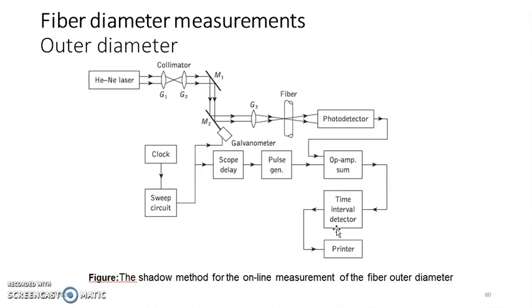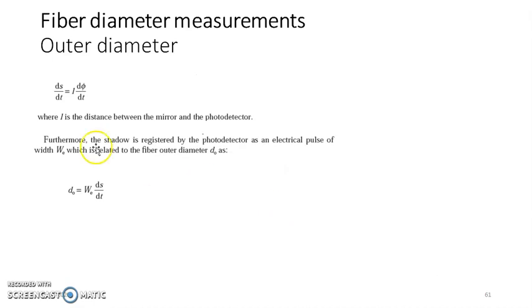The velocity of the fiber shadow thus created at the photo detector is directly proportional to the mirror velocity. So we can calculate ds by dt is equal to L into d phi by dt, where ds by dt is the velocity of the fiber shadow, and d phi by dt is the velocity of the mirror.